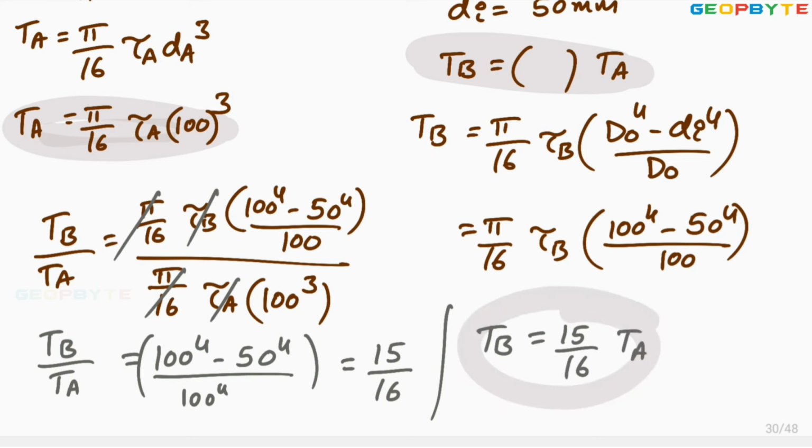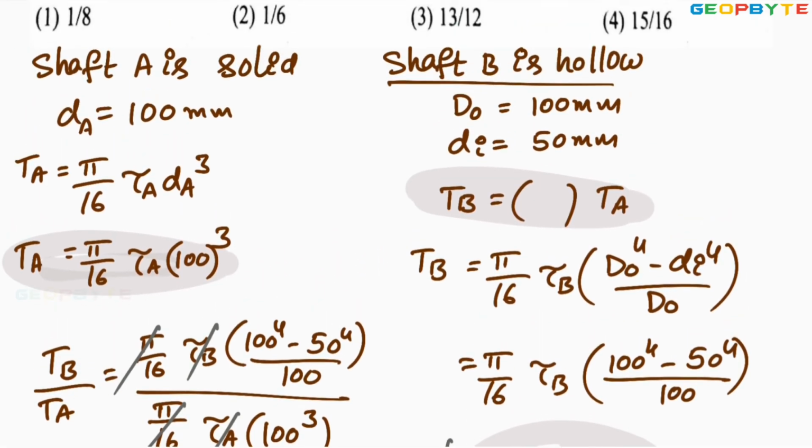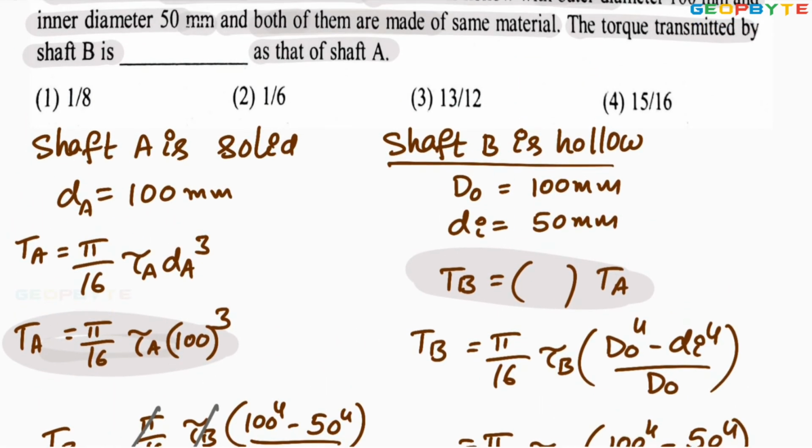I hope you got my point. You simplify this value, you are getting the same value. Therefore, the answer is, look at the options. Look at the last option, 15 by 16 times.